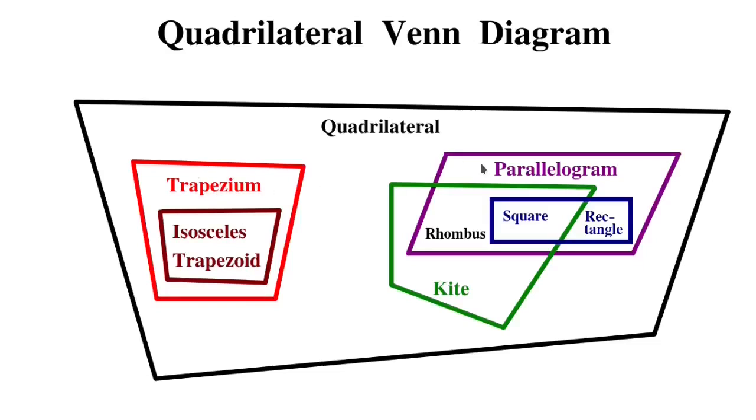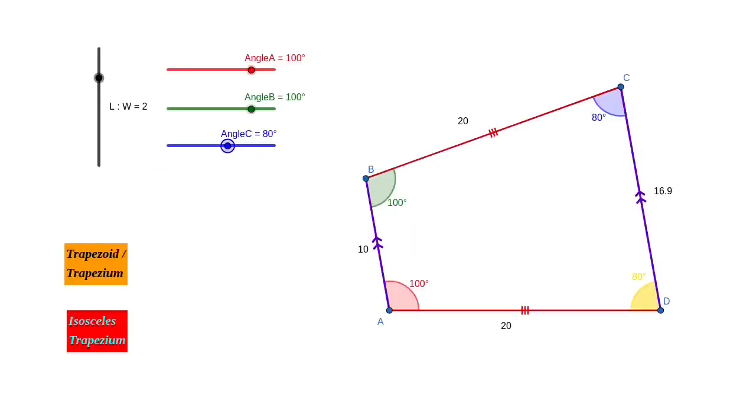Now we will look into parallelogram. In the case of a parallelogram, both pairs of opposite sides will be parallel to each other. Here AB and DC are parallel to each other. We have to make AD and BC parallel to each other. To create this, we should make the summation of angle A and angle B equal to 180 degrees.